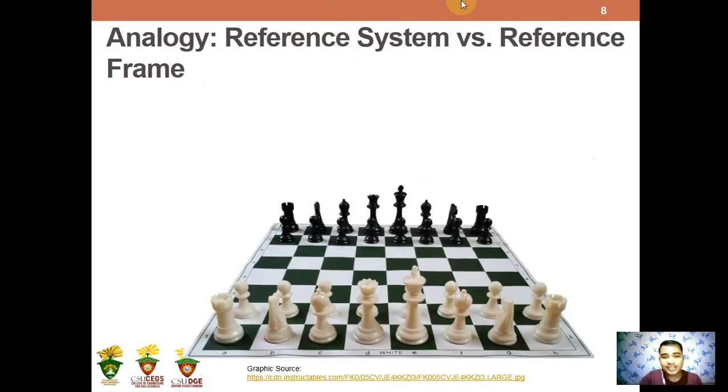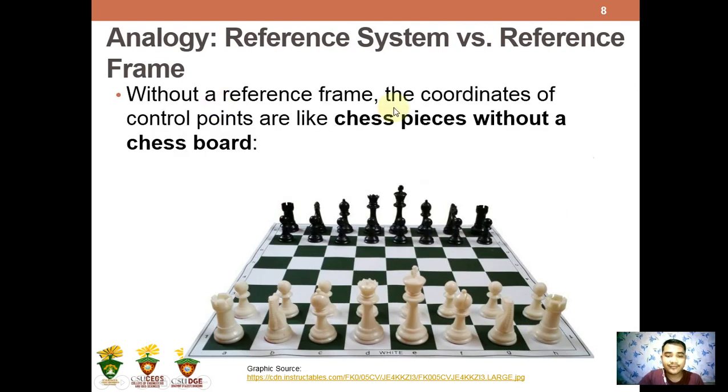Another analogy for reference system versus reference frame is chess board and chess pieces. Without a reference frame, the coordinates of the control points are like chess pieces without a chessboard. So the reference frame is useless if you have no system to base it on, which is the reference system.